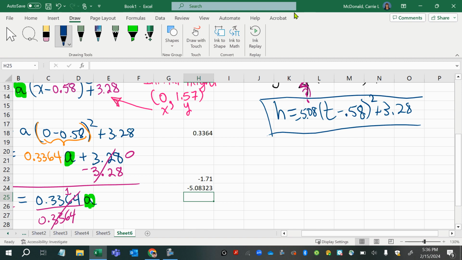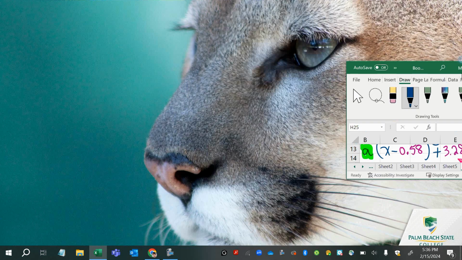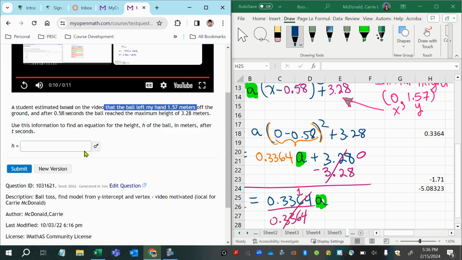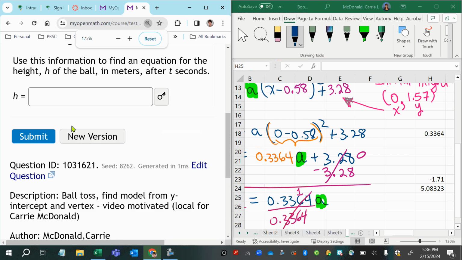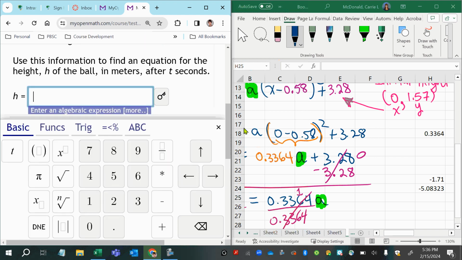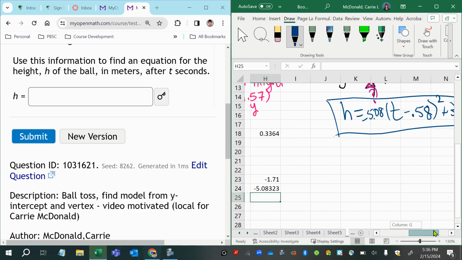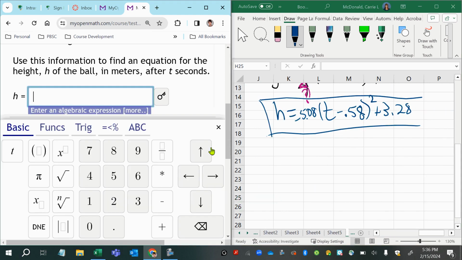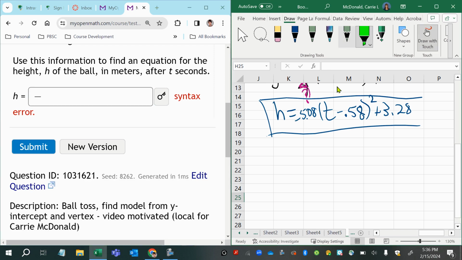Okay, so that's what we're going to enter as our answer here. Where's my final answer? I'm going to get it back on screen there. There we go. Okay, so now we have negative. Don't forget the negative. I kind of wrote it weird, but it's right here. Negative 5.08.